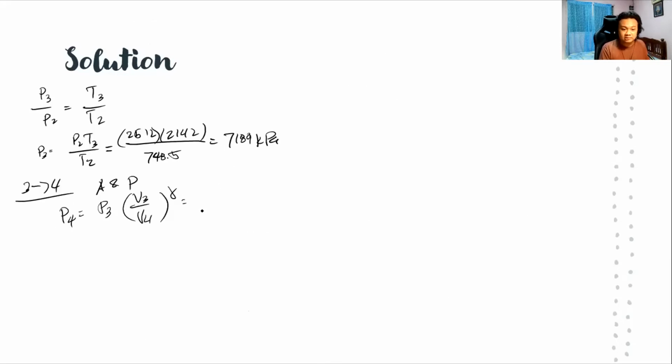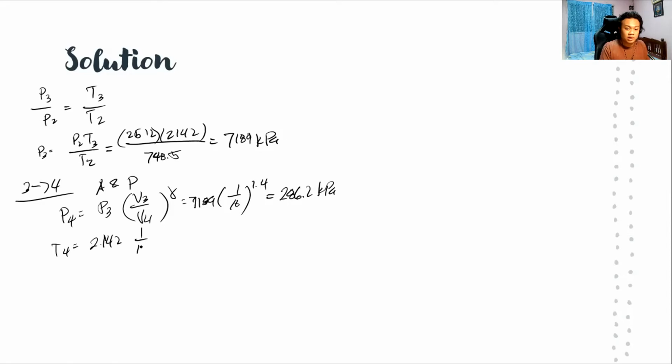So it's 1 over 10. If you don't believe me, just check it for yourself. P3 is equal to 7189, diba? 7189, then 1 over 10, then raised to 1.4. So you can get 286.2 kPa. And then to get P4, it's just the same thing, 2142, diba?